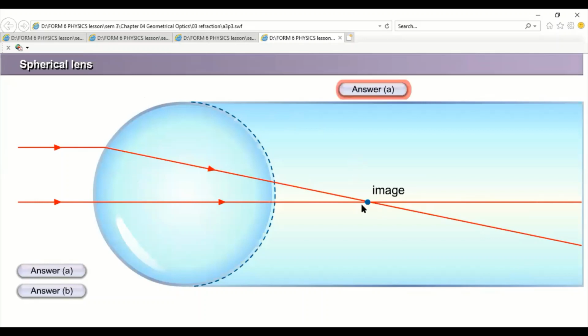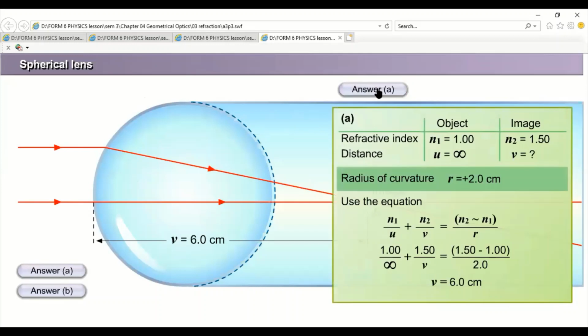So consider that the object we first place is at infinity. The radius of curvature is 2 cm. That means the radius is 2 cm from the center. Okay, this one. So I use the straight line.